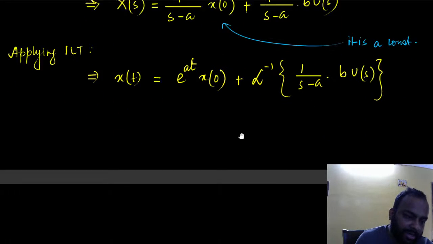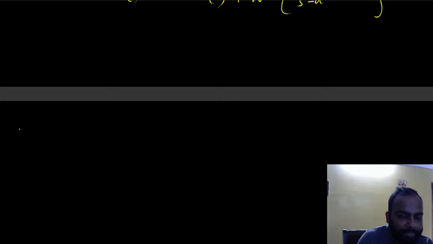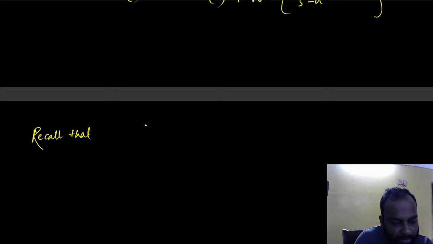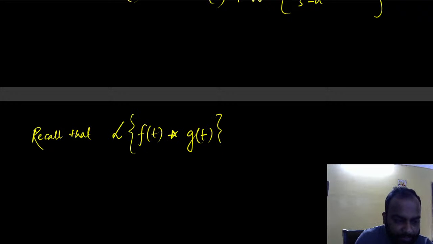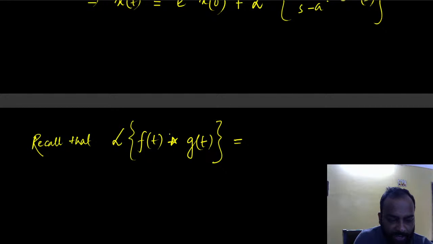Now here is the thing, you might recall that if I have two signals, say f(t) and g(t), and I take the convolution of those two signals and then take the Laplace transform, the Laplace transform of the convolution is the product of their individual Laplace transforms.